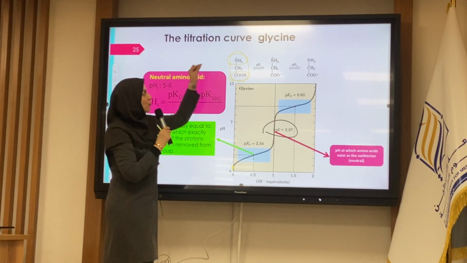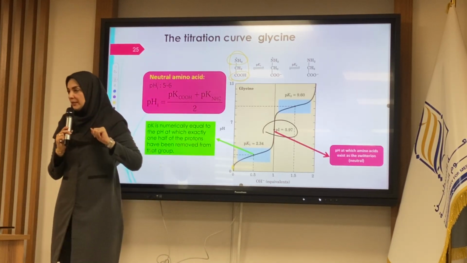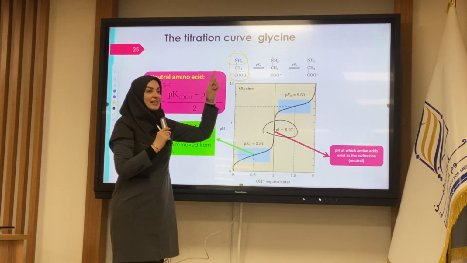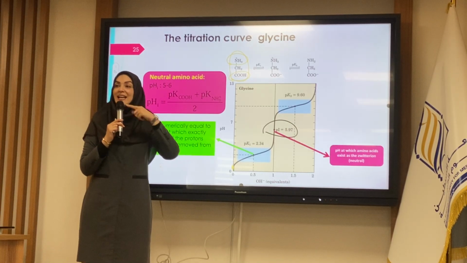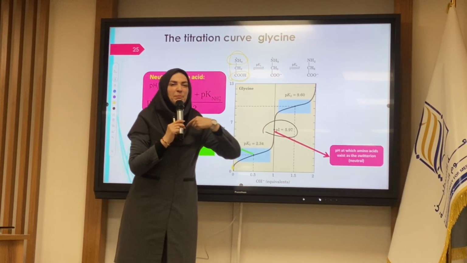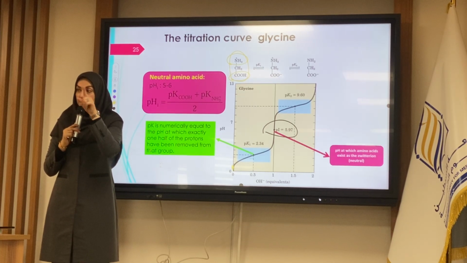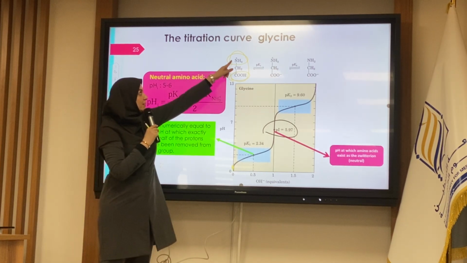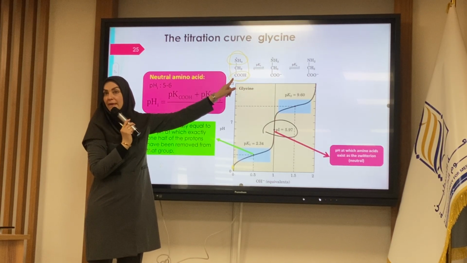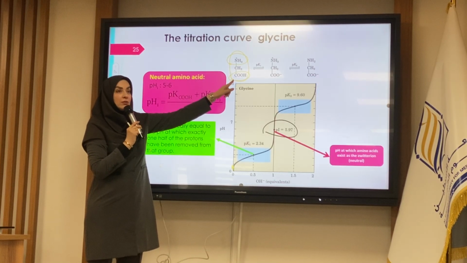You add OH drop by drop here. Please tell me, you have two groups here that can act as an acid, yani they can release a proton. But which one releases a proton first? This group or this group? NH3 plus or COOH?